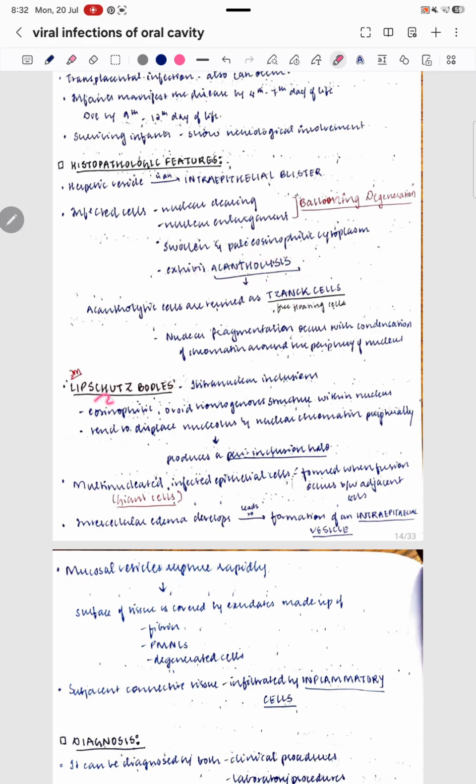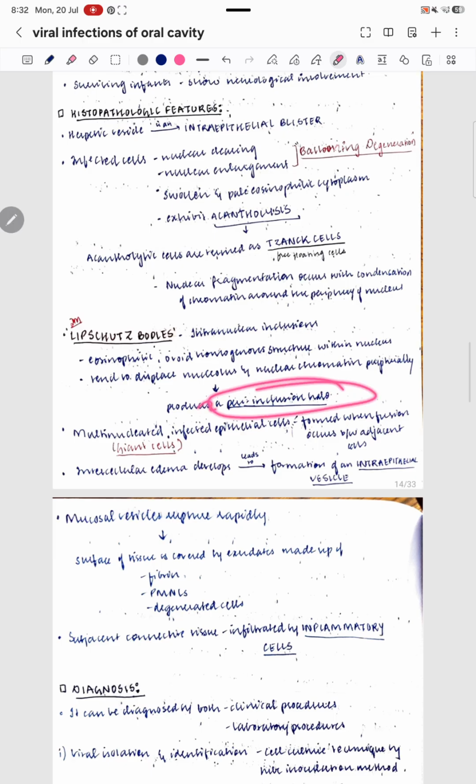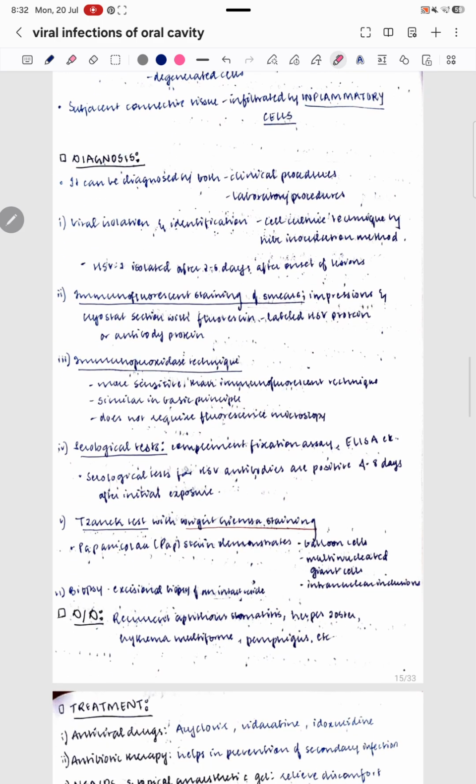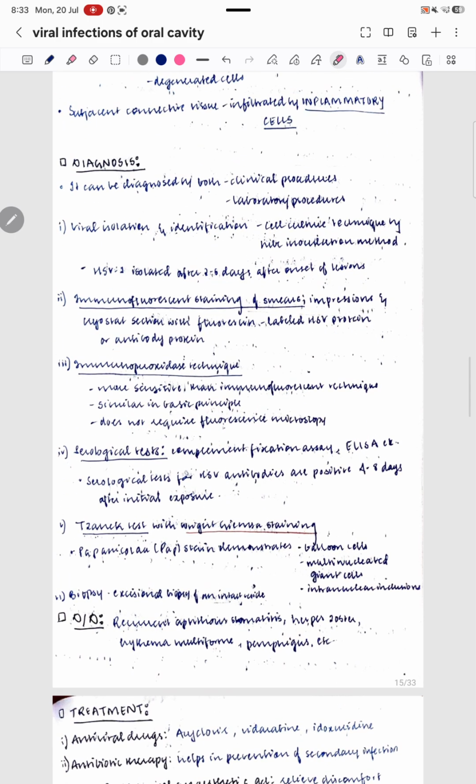Then you have to talk about Lipscomb's bodies, and you have to know that they produce a peri-inclusion halo. And you have to talk about your inflammatory cells as well, and there are a few PMNs, degenerated cells, and fibrin.